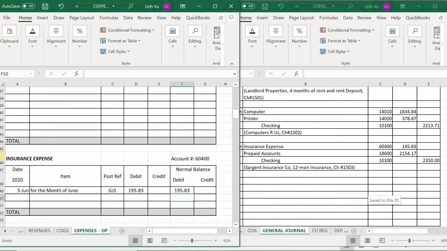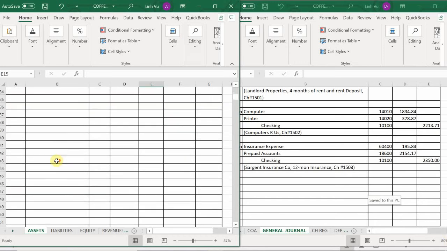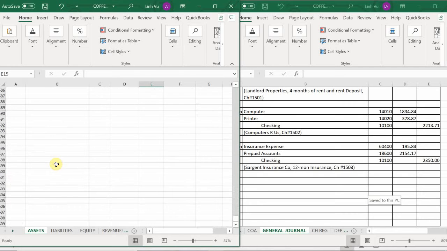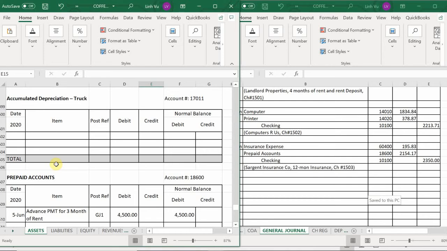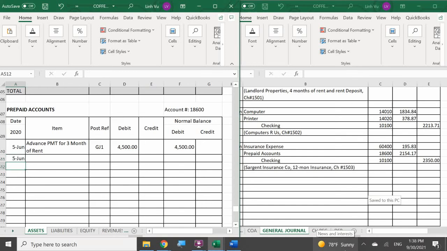Then what account is next? Prepaid account. Okay, so here I'm going to locate my prepaid account, which should be close to the bottom of this. Okay, so here you go, right here, prepaid accounts. Here you could say this is prepaid insurance for 12 months.